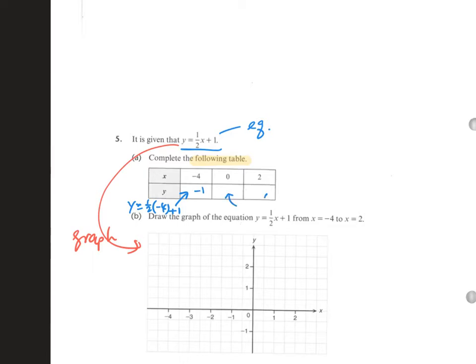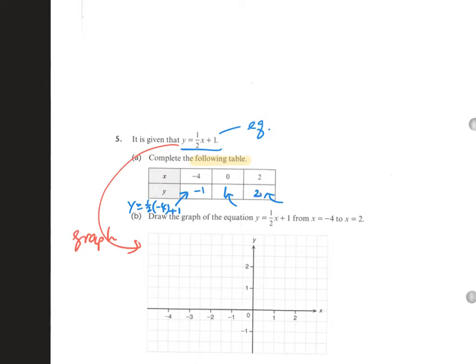Now take a minute to find out the value of y when x is 0 and when x is 2. So I give you a minute to do so. Time flies. So please check your result. It should be 1 for the second value of y and 2 for the last value of y.